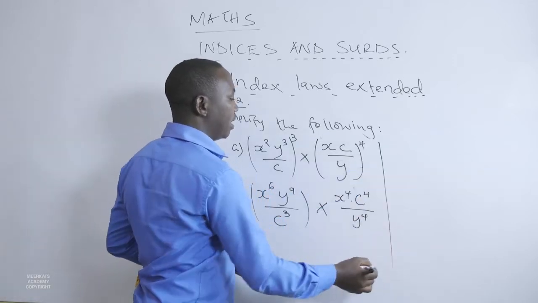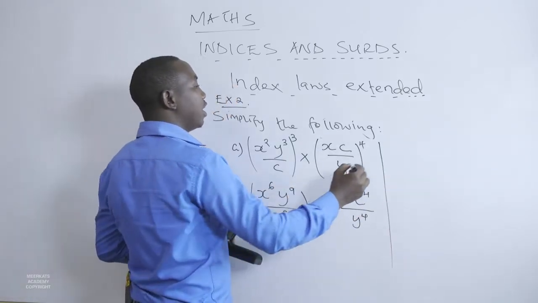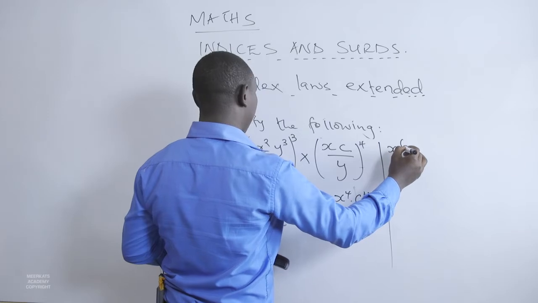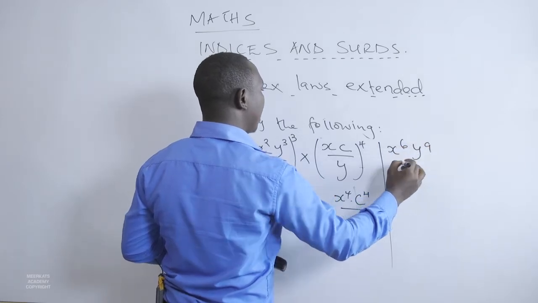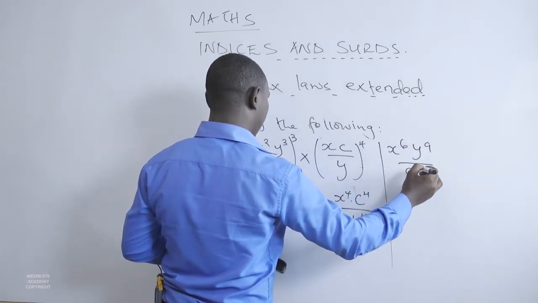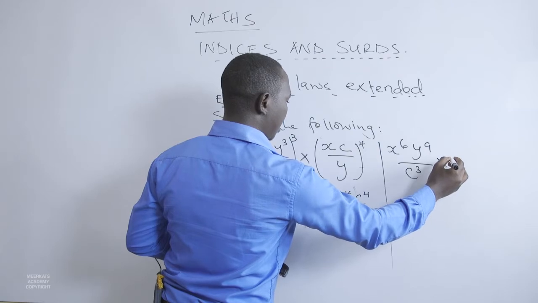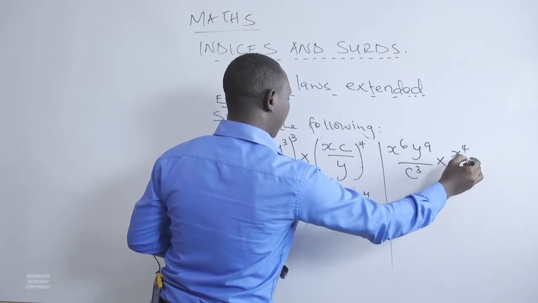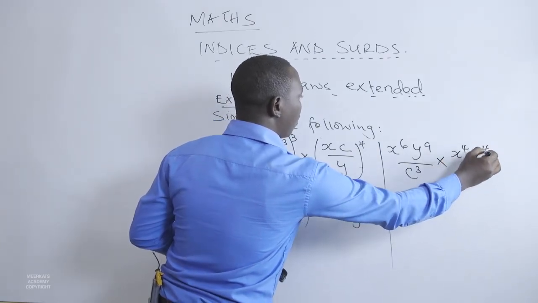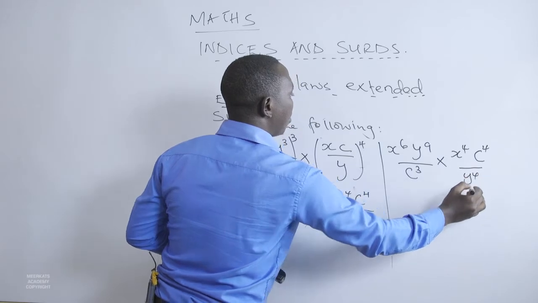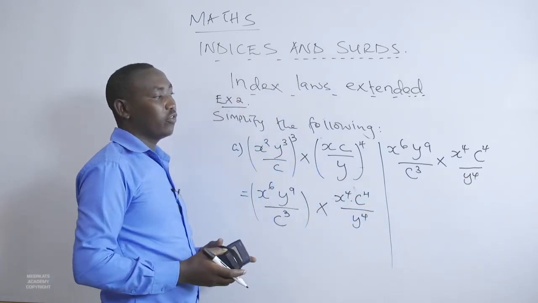So when we make the simplification, this is going to be x raised to 6, y raised to 9 over c cubed times x raised to 4, c raised to 4 all over y raised to 4.